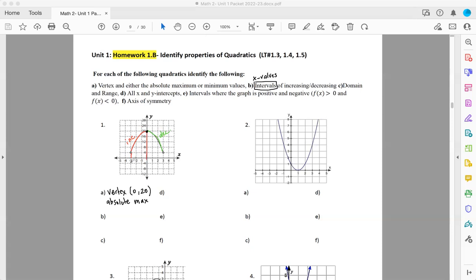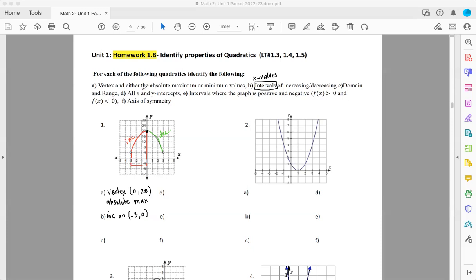Remember that -3 is an open circle, so we are increasing on the interval starting with -3, open, comma, all the way up to 0. That's where the graph is increasing.